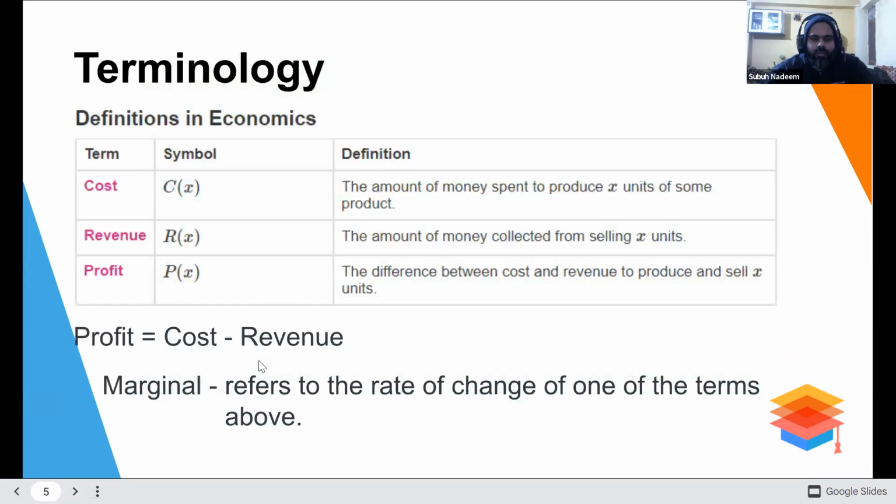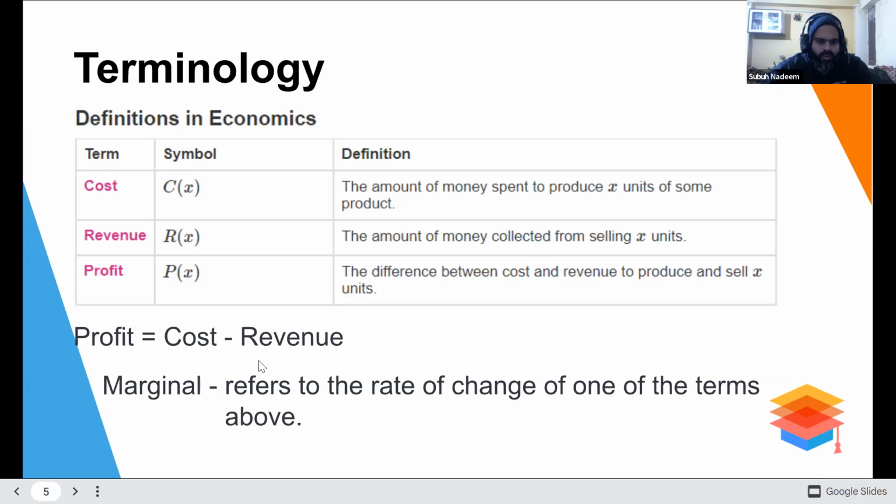Same thing. This one is terminology regarding economics. We know profit is equal to cost minus revenue. So isn't it the other way around? Revenue minus cost? I'm not sure, sir.